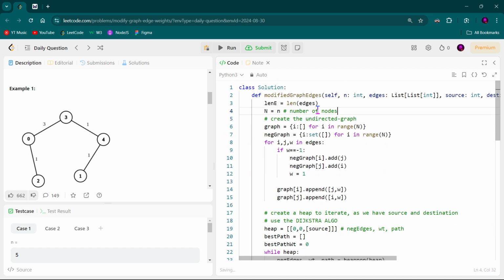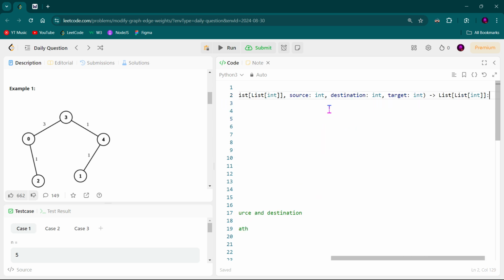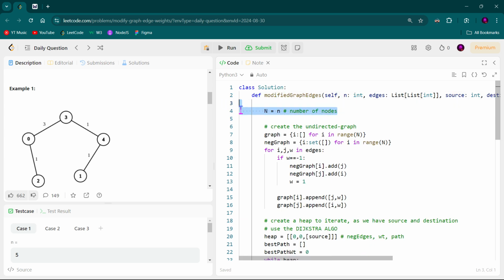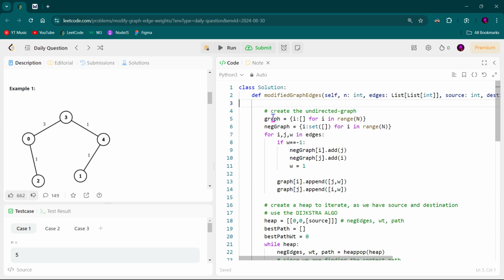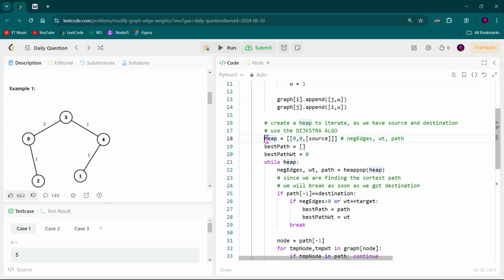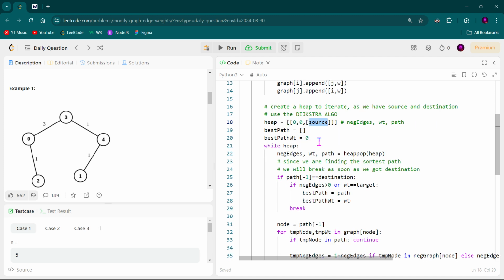And let's go to the start. Okay, here I am now. Create a graph and the negative graph. This uses a heap in which I store the negative weight, the weight, and the path which I'm using.